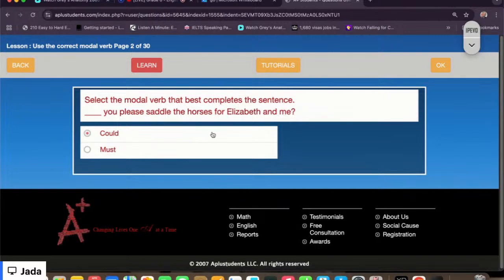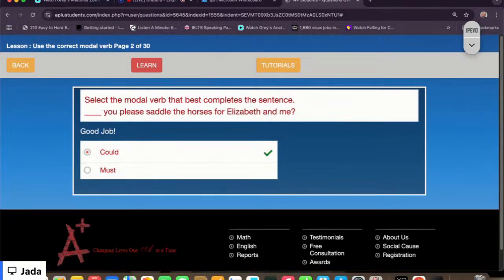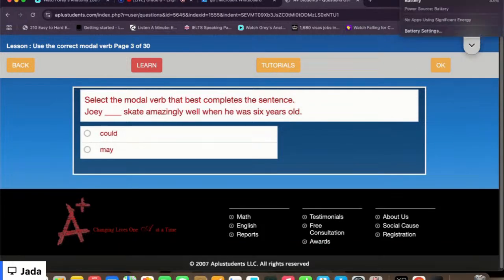Could you please saddle the horses for Elizabeth and me? Joey dash skates amazingly well when she was 6 years old. Could.